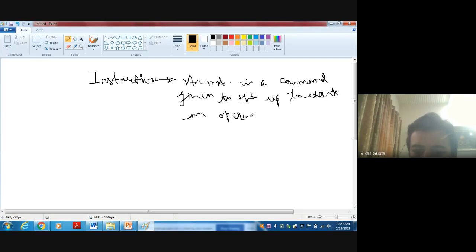Fine. And one more thing, for example, let's say we mention here move C comma A. So what we are doing here is moving the content of the accumulator into the C register. So this can be one of the examples.